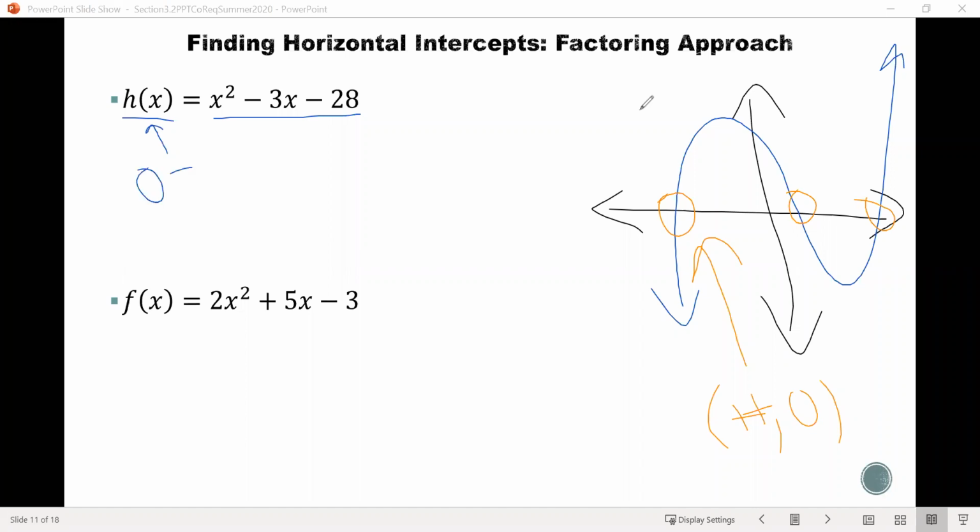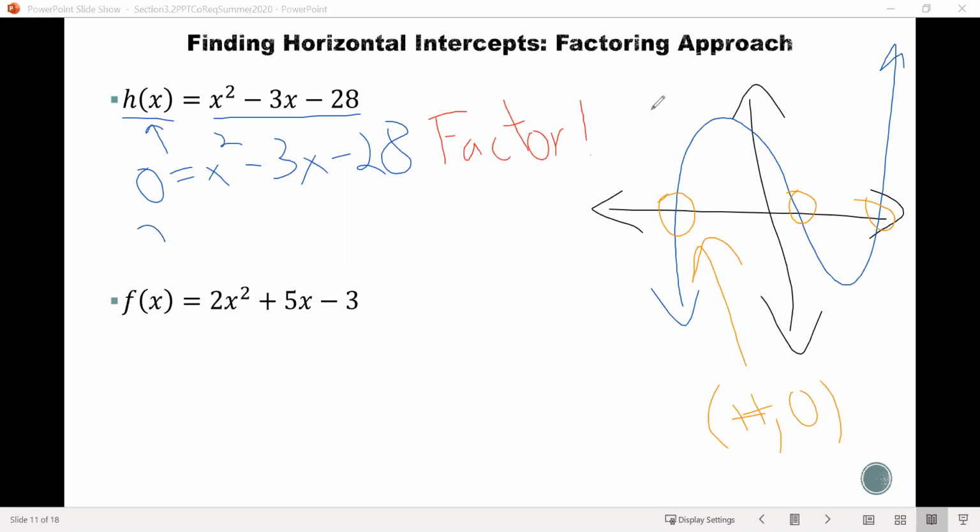So we have 0 equals x squared minus 3x minus 28. I want to solve for the values of x here. Now it may be tempting to try to isolate the x's, but I'll tell you that will not work. So what we can instead do is factor, which we talked about in our prereq work.